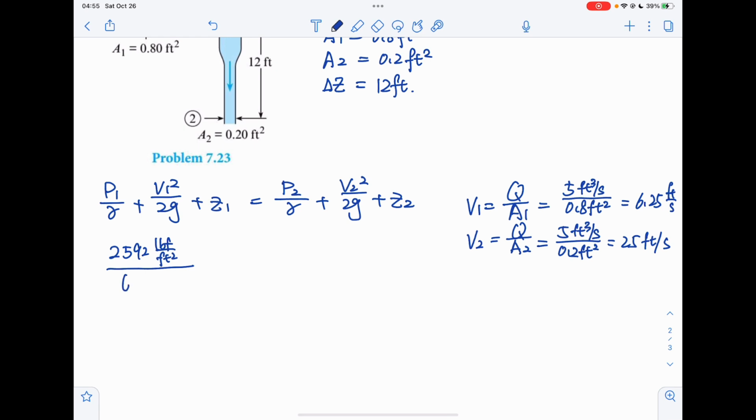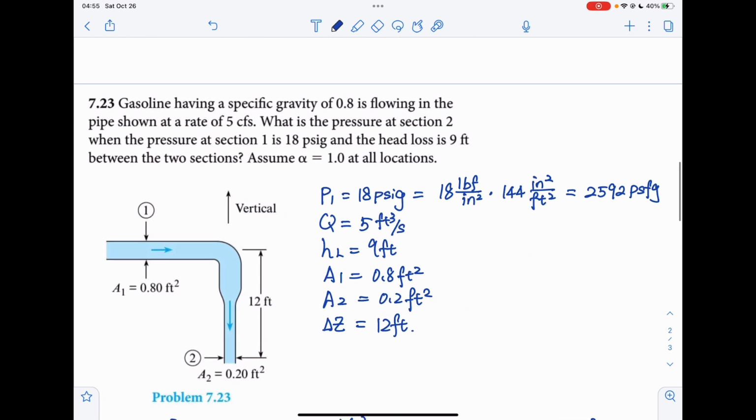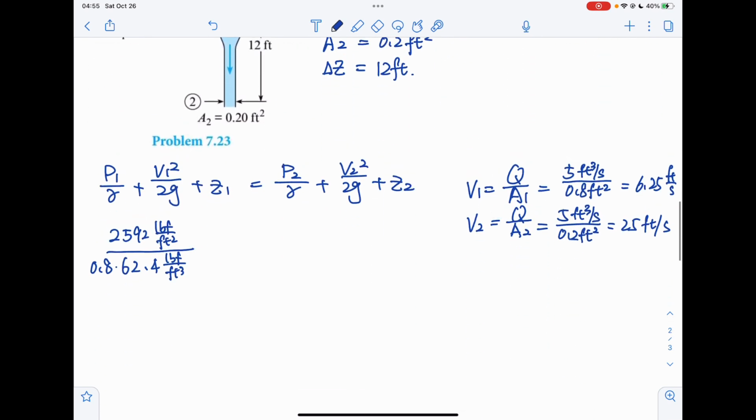And the gamma is 62.4 lbf per cubic feet, and we need to times 0.8 because the specific gravity of the gasoline is 0.8.